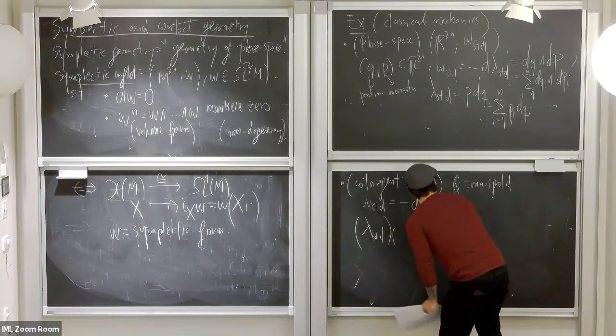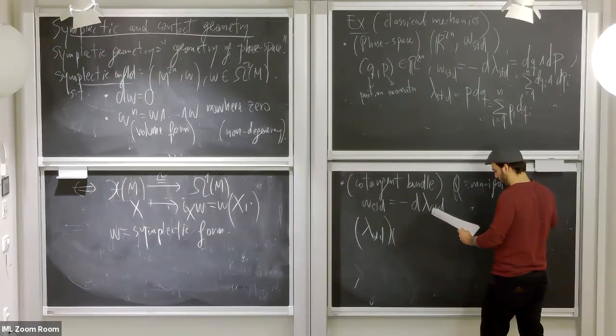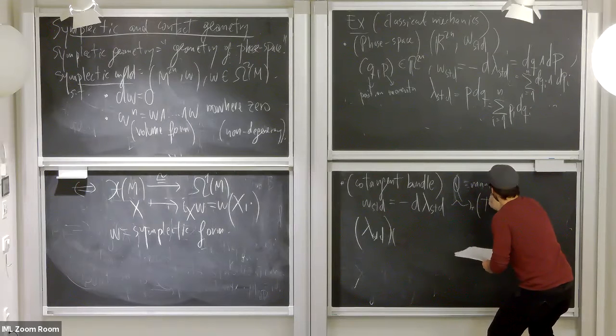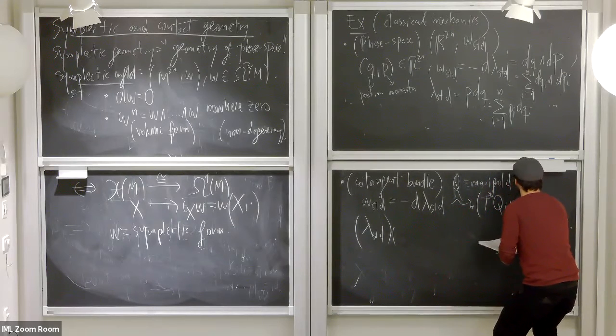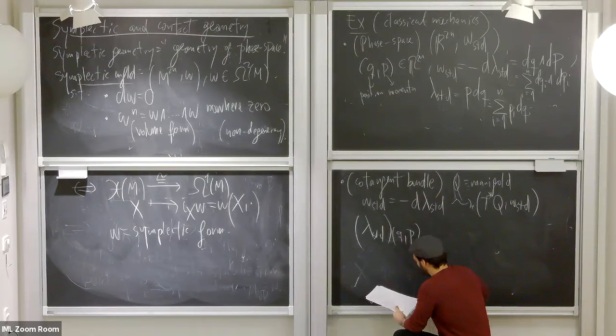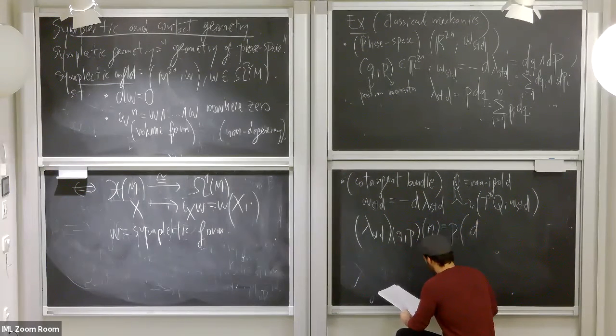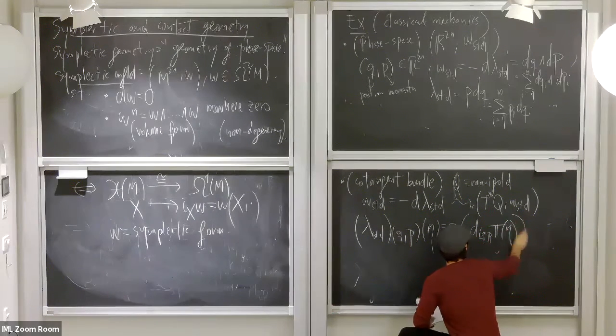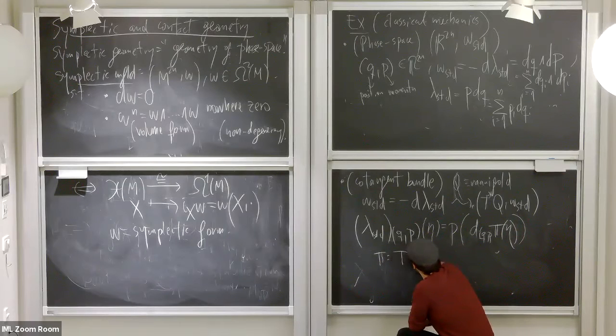You stand on a point in T*Q, so here I want to define it on T*Q. And you stand on a point (q,p), which is a position and a covector over that position. This is applied to eta, which is a point in the tangent space of T*Q, and this is just p applied to the derivative of pi at (q,p) applied to eta, where here pi is the standard projection to Q.